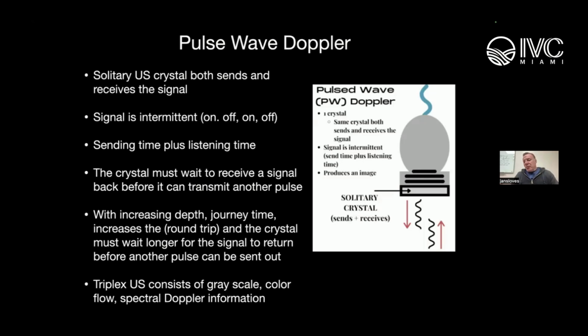And of course, with increasing depth, there's a journey time. This increases the round trip time that it takes. And the crystal must wait longer for the signal to return before another pulse can be sent out, right? So it's the basis of ultrasound. We've already spoken about what constitutes the triplex ultrasound: grayscale, beam mode, color flow, and our spectral Doppler information.